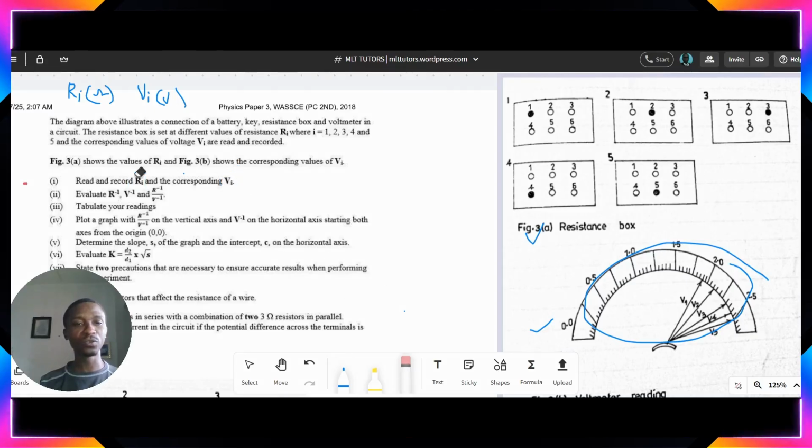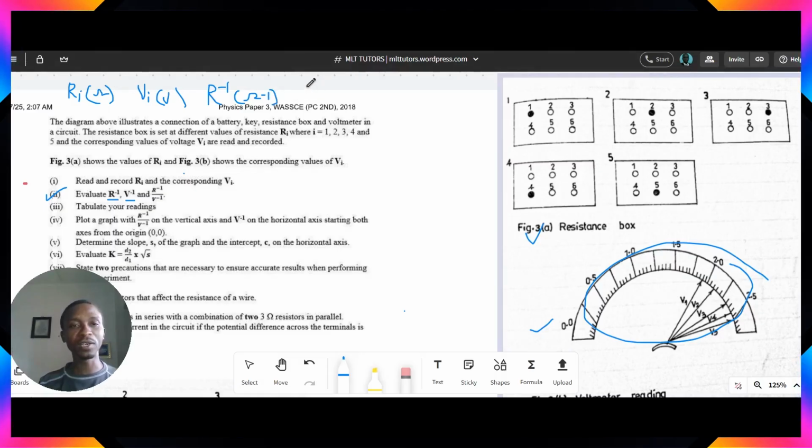Moving to Roman figure 2 of the question now. Evaluate R inverse, V inverse, and R inverse over V inverse. R inverse will be from the values of the resistance we've gotten earlier, so we do the inverse. The unit of this will be per ohm. And also the value of the voltage that we've gotten during the experiment, we shall get the inverse as well.